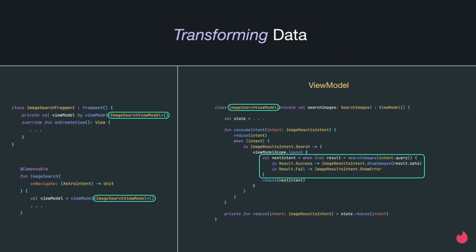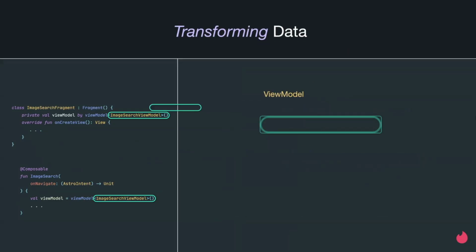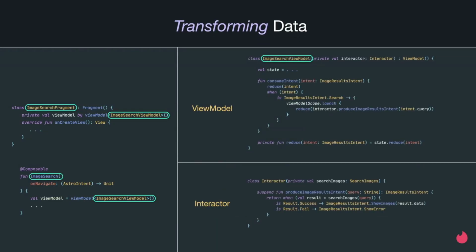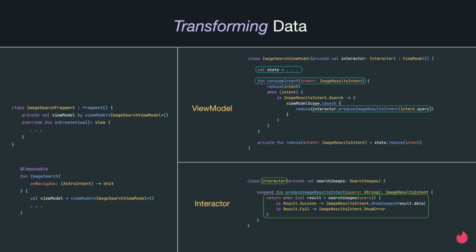If we introduce an interactor to the picture, however, all we'll be doing is moving that transformation into the interactor so that it becomes the interactor's role to handle the data transformations in order to satisfy the view model's needs. And as we can see, the view model is now just storing state and passing data around to other components, including the interactor and the reducer.